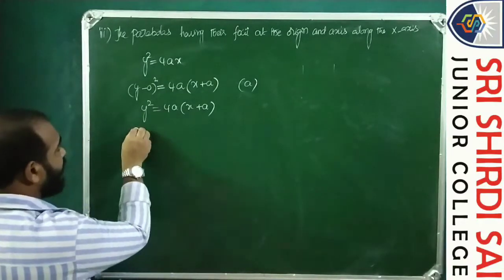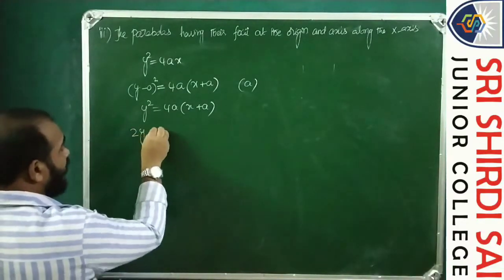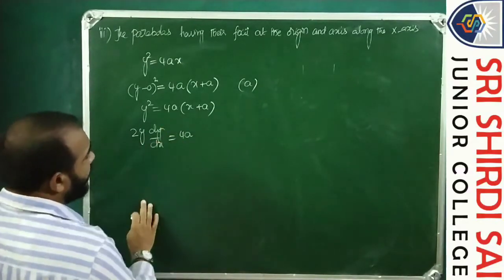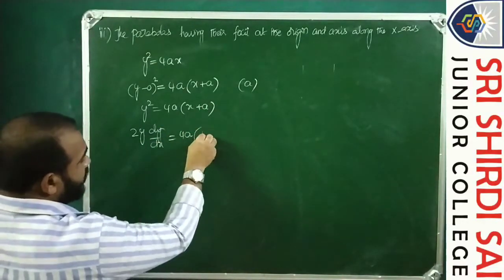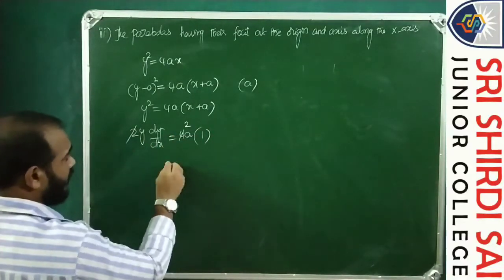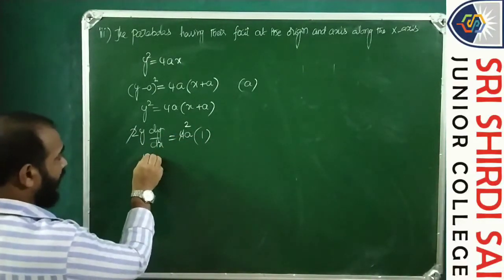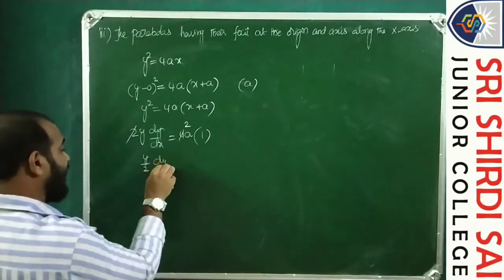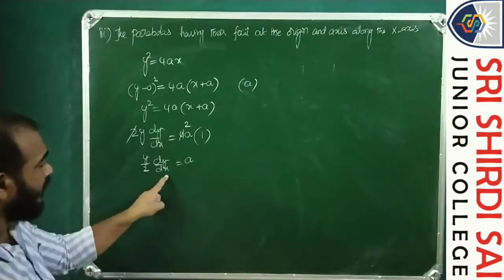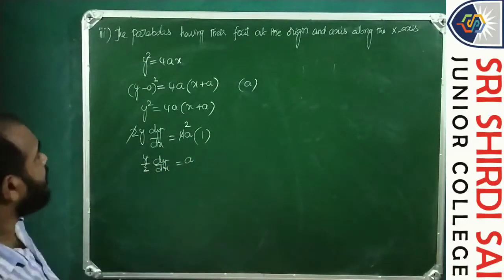So y square derivative is 2y dy by dx is equals to 4a into x plus a derivative, so this is 1. So therefore this is y by 2 dy by dx is equals to a.